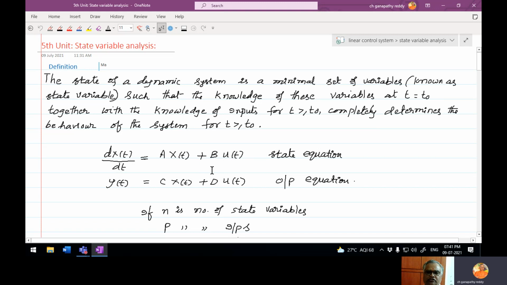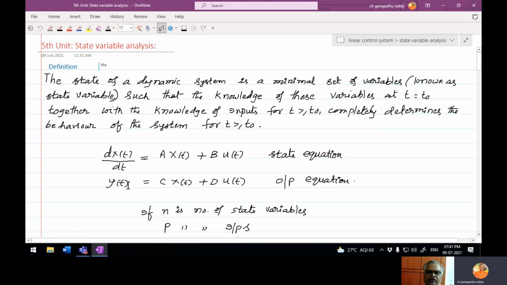So these two equations you need to remember. x dot, that is dx by dt, equals A x of t plus B u of t. Capital X of t means x1, x2, x3, which are the state variables, and u of t is the input. There can be multiple inputs, u1, u2, u3 and so on.